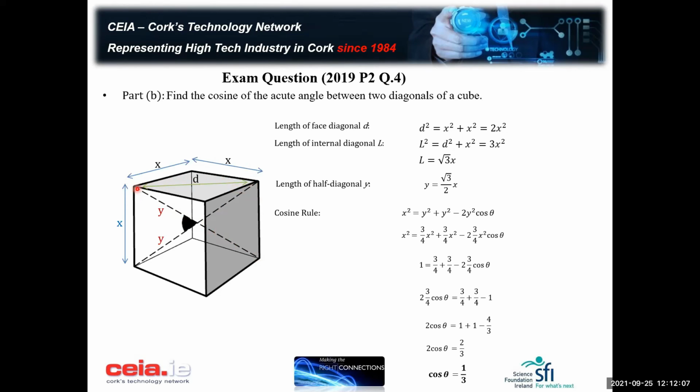We get this length squared is equal to d squared plus x squared. But d squared we already worked out as 2x squared, and that gives us 3x squared for the length squared. So the length is root 3 x. That's the length of the full diagonal. We want half the diagonal, so it's that divided by 2.